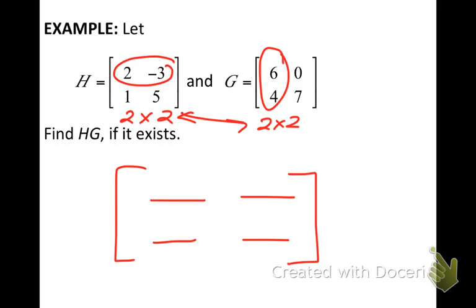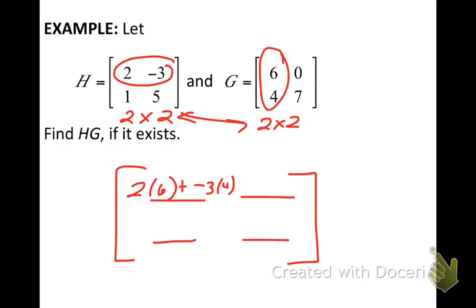So we're literally going to take the 2 and the -3 and match it up over here. So this 2 is going to get multiplied with that 6. And if you get good with it, then you can just not write out all these steps. And then I'm going to take the -3, and I'm going to multiply it with the 4. And then I'm going to add those two products together.